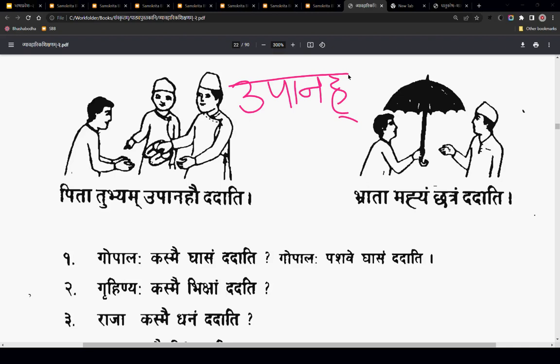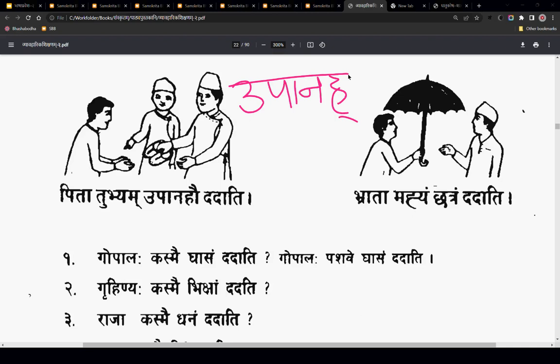Upanah. Correct, Mahodaya? Halanta shabdah upanah. What is the lingam? Strilinga. Strilinga shabda.